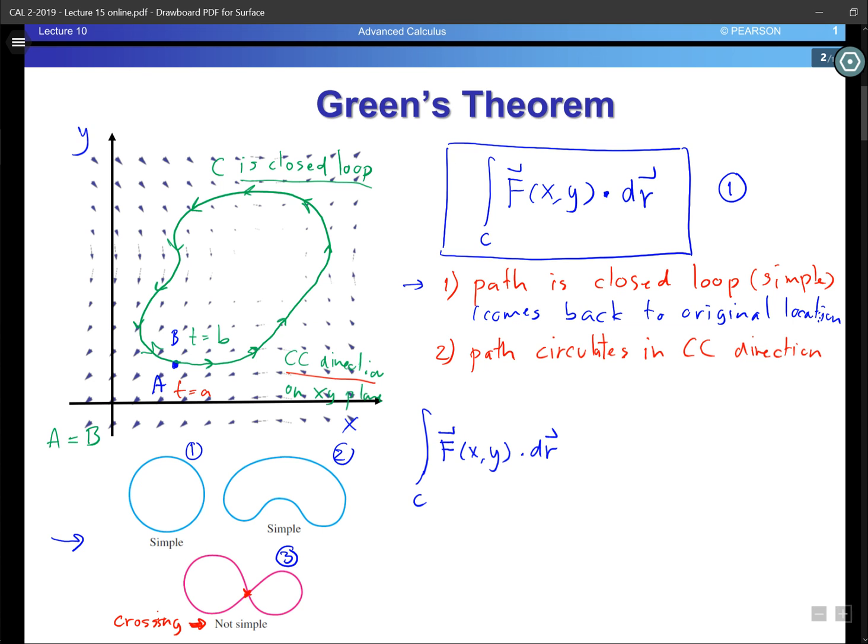This condition number one, we can present it in terms of symbol. We can use this to show that this is a path that is a closed loop, this circle. So when you see this, you have to know right away this is about integrating along a path that comes back to the original location. Alright, this thing, closed loop.